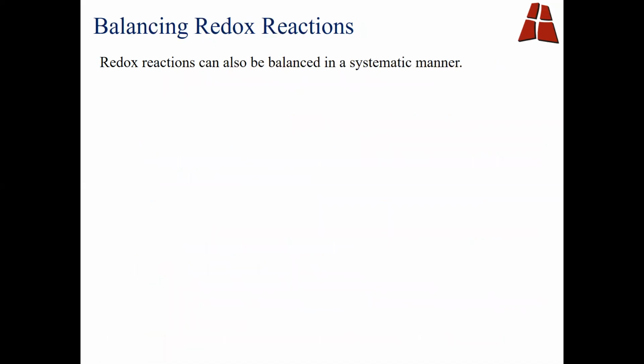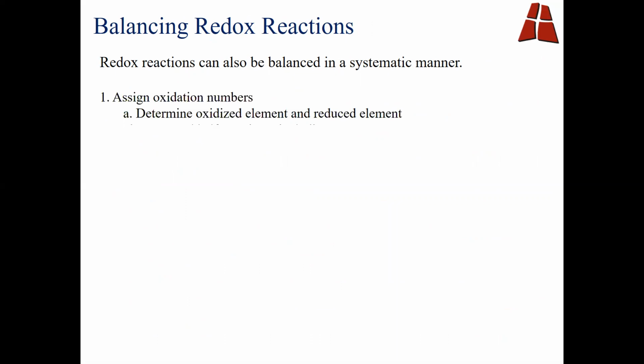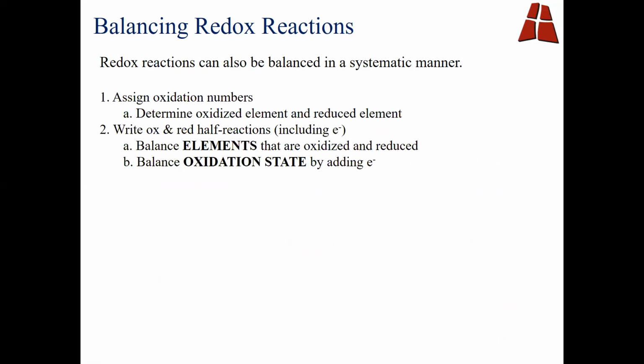Along with assigning oxidation states for just compounds or elements, we can also balance redox reactions in a systematic manner. In order to do that, the first step would be to determine the oxidized element and the reduced element. From there, you would write the oxidation half reaction and the reduction half reaction, and you would want to include the number of electrons for each of those.